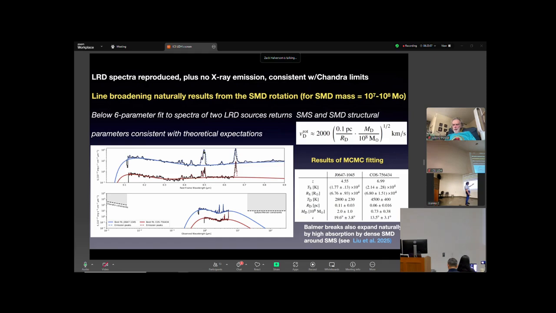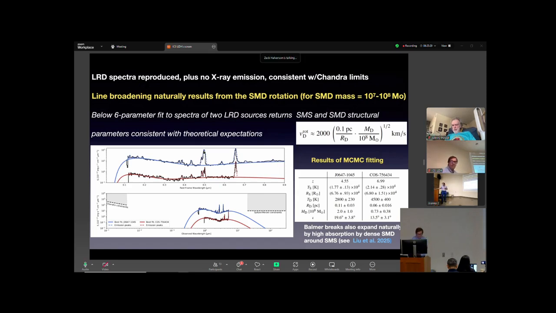And it turns out that the same mass and radius that fits very well the shape of the spectra also fits very well the broadening of the line. So we get naturally about 2,000 kilometers per second line broadening from the rotation of the supermassive disk by just fitting the V-shaped part of the spectrum in the continuum.